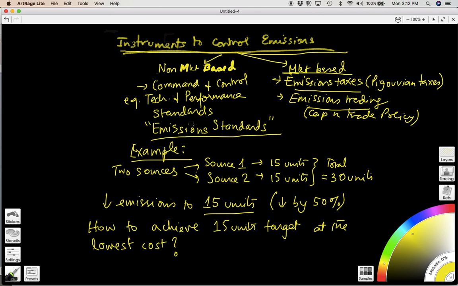How do we know that the sources that we're talking about, source 1 and 2, have been able to minimize cost? Is there a condition that will tell us that yes, the total cost of controlling emission is minimal here at this level of emissions? Okay, so let's continue to the next video.